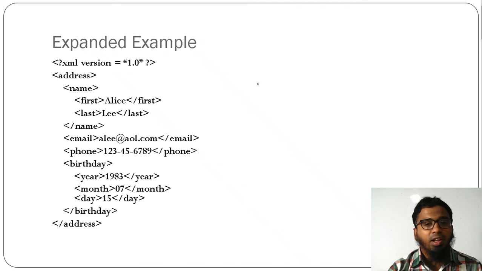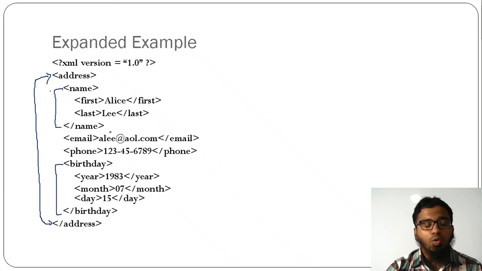Expanding the example, elements must be properly nested and closed. Address with address, name with name, birthday with birthday. Here name is elaborated into first name and last name, email is email, phone number is the same, and birthday is divided into year, month and day.